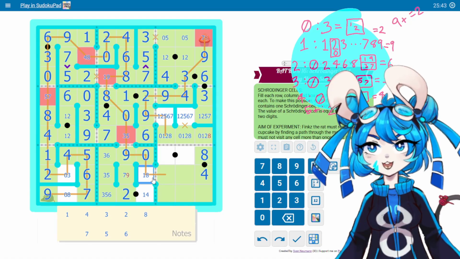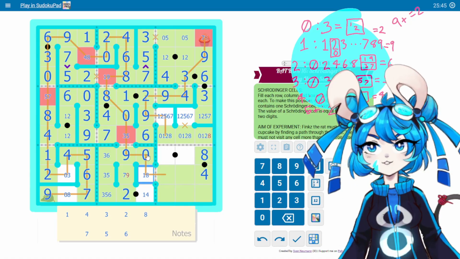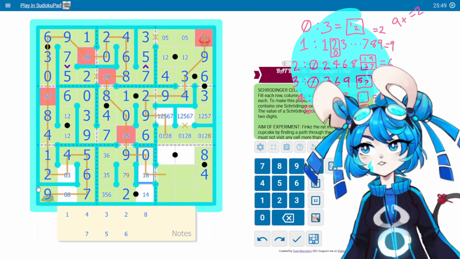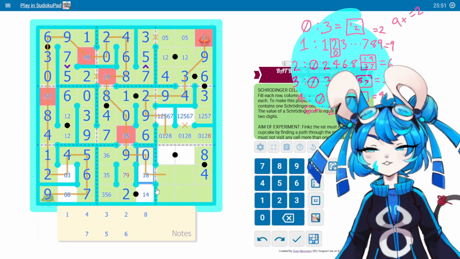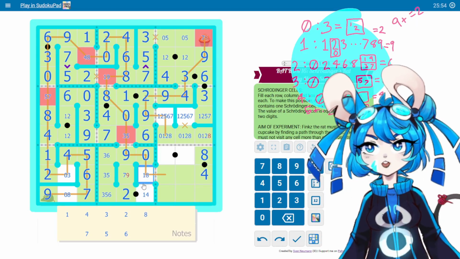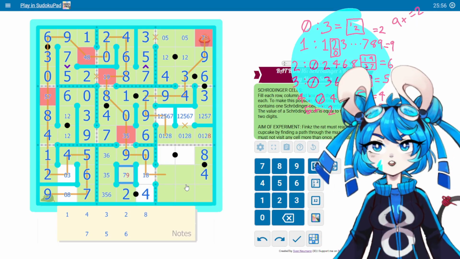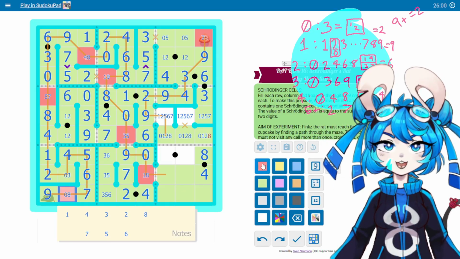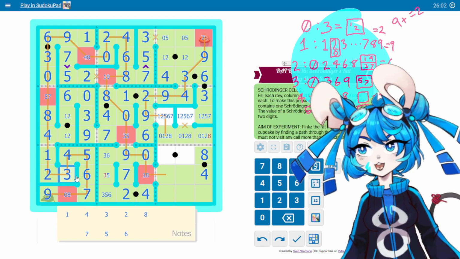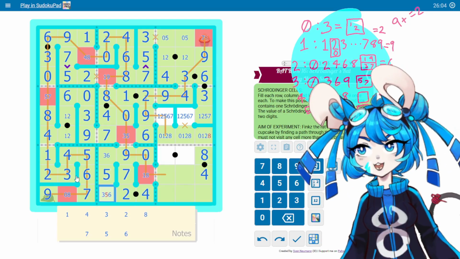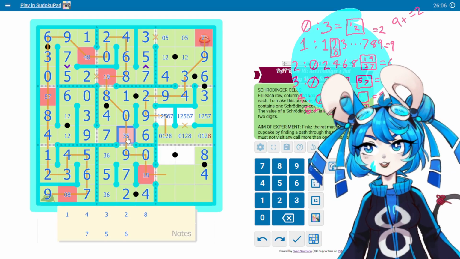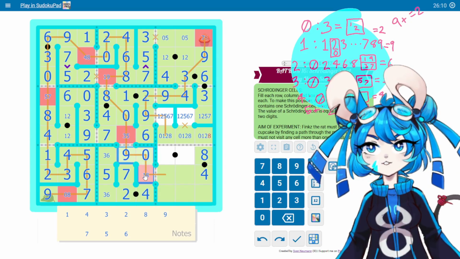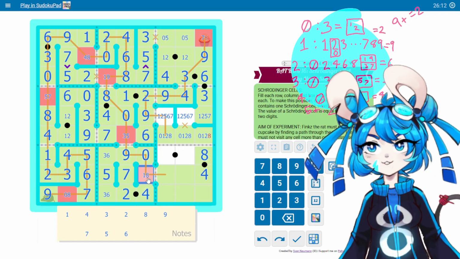And the other way is that if this is 1, if this is not the Schrodinger cell and it's just a 1, then the 1 to 0 difference has already been used. So this has to be a 4, that's a 7. This is a vanilla cell, that's the Schrodinger cell. Putting the last Schrodinger cell here. That's a 5. Alright, and that means we have used the difference of 9 in this box, in this segment.